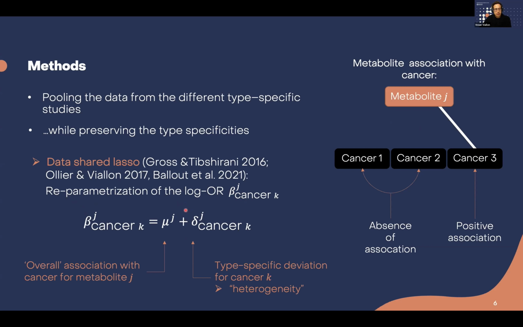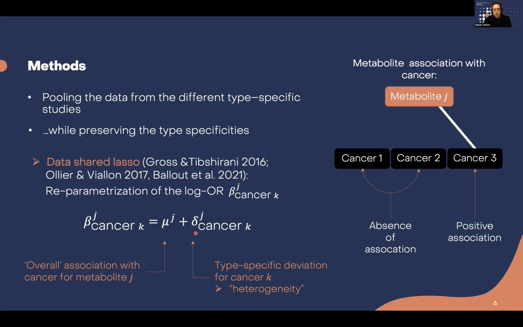So mu_j can be seen as the overall association between cancer and metabolite j, while the second term here measures how the cancer type specific association for cancer type k varies or deviates around the overall association.